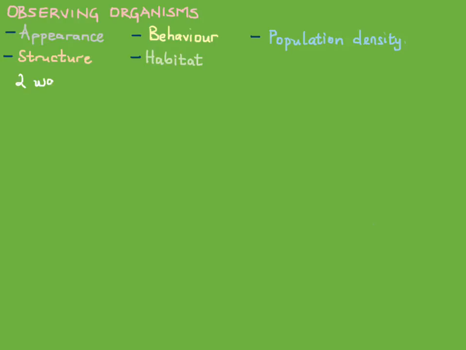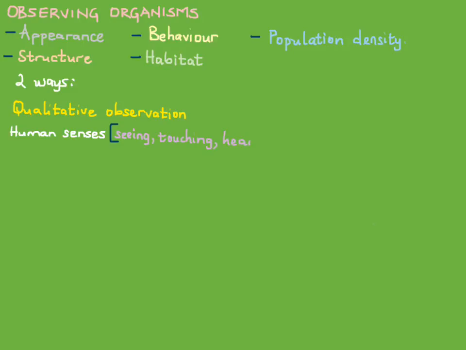Observation can be done in two ways, qualitatively and quantitatively. Qualitative observation makes use of the human senses such as seeing, touching, hearing, smelling, etc. These observations are descriptive.